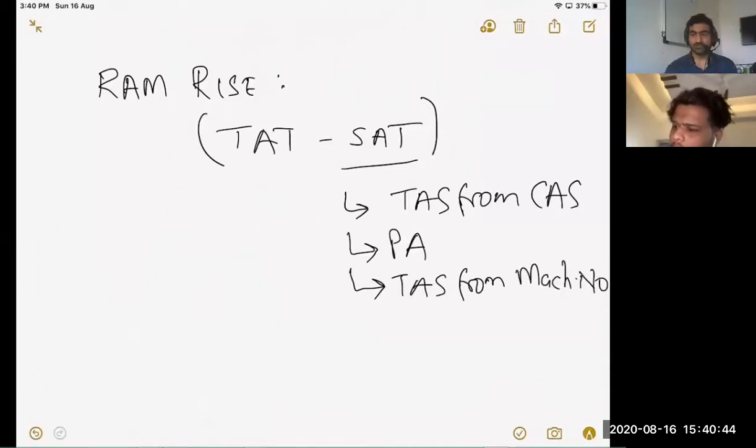Do you know the full forms? Total air temperature, static air temperature, true airspeed from calibrated airspeed, pressure altitude.